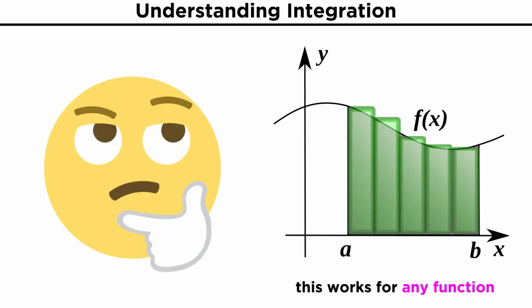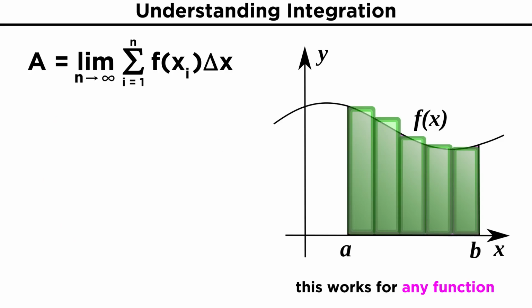We can apply this generally to any function, like the first one we looked at. However many rectangles we use, we can represent the sum of their areas using summation notation, which, as we recall from an earlier tutorial, involves this uppercase sigma, which just means to add up the series of terms that will follow.